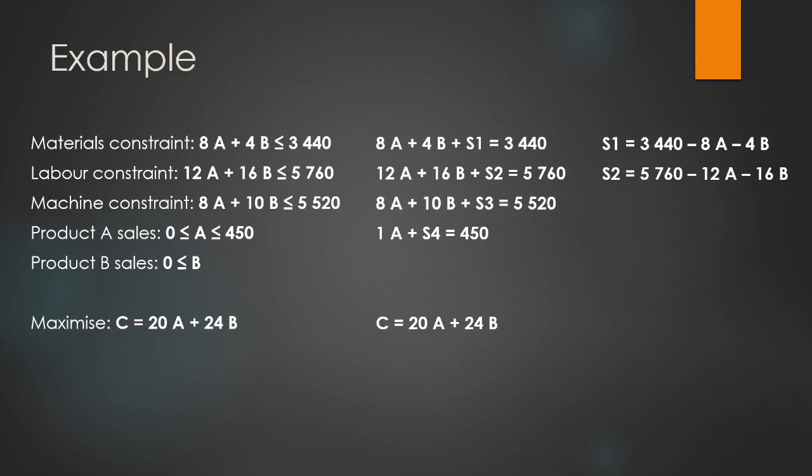For machine hours, we get S3 is equal to 5,520 minus 8A minus 10B. And finally, for product A sales, we get S4 is equal to 450 minus 1A. Again, our contribution formula does not change. We are now ready to set up our initial matrix.